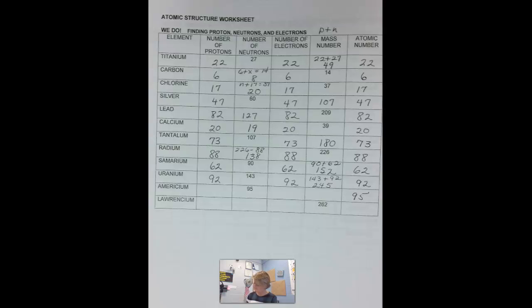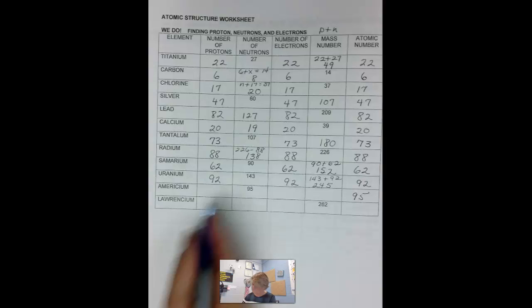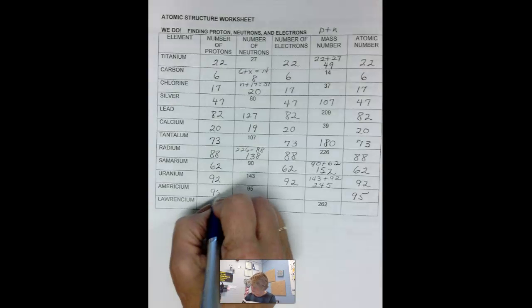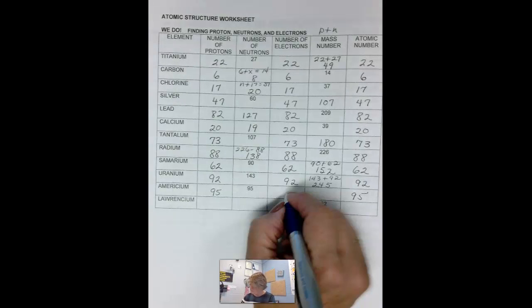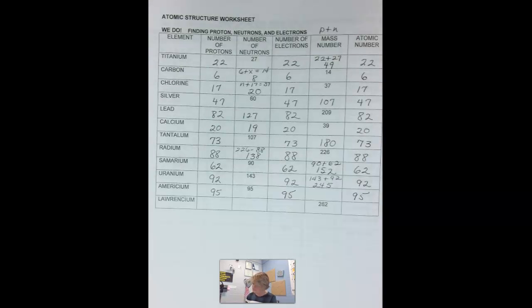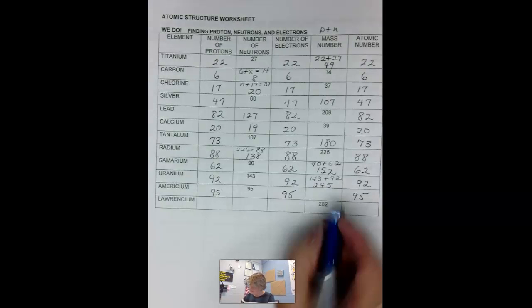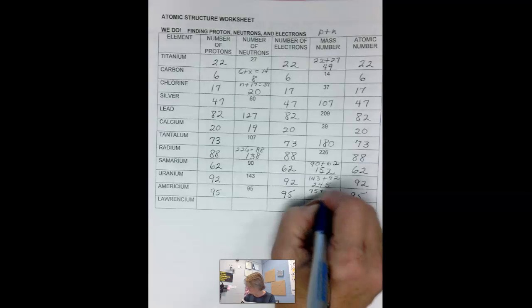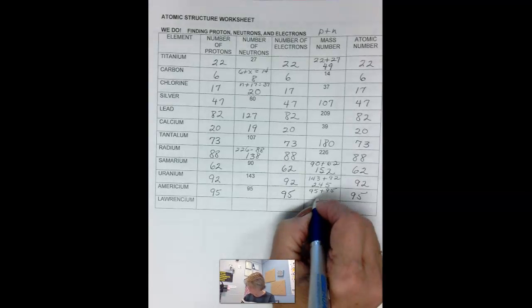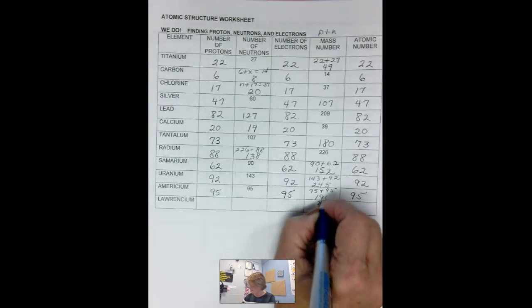Pause as needed. So 95 protons, 95 electrons, and mass number of 95 plus 95. So 190.